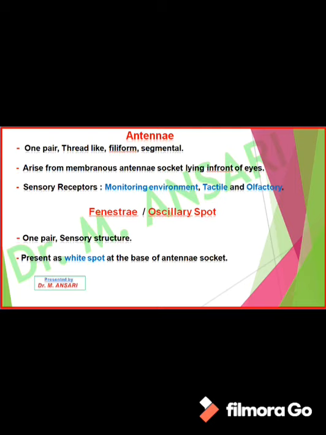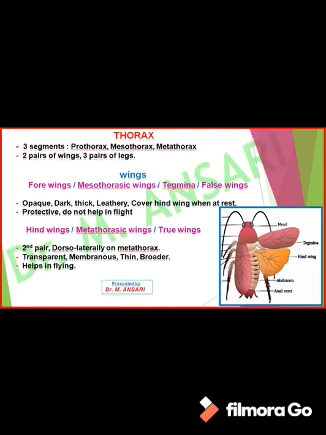These antennae act as sensory receptors for monitoring the environment, as well as tactile and olfactory receptors. With antennae, fenestrae or oscillatory spots are also present in the head region. Fenestrae are sensory structures present in one pair. These are present as white spots at the base of the antennae socket.